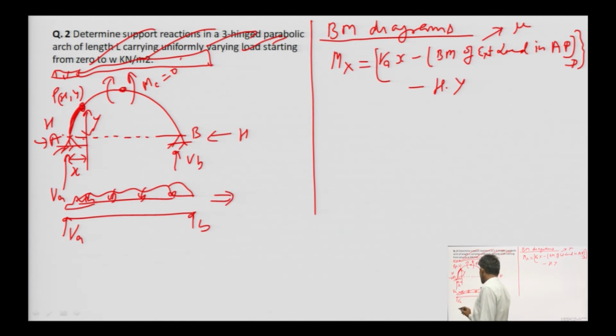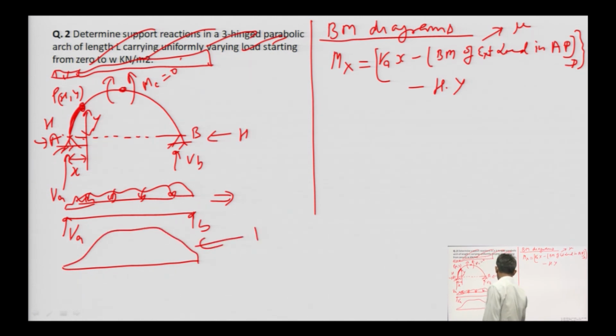So, the plotting of the bending moment is very simple. You can plot the BMD, the bending moment diagram for Mu. Depending upon the values, it will be plotted.